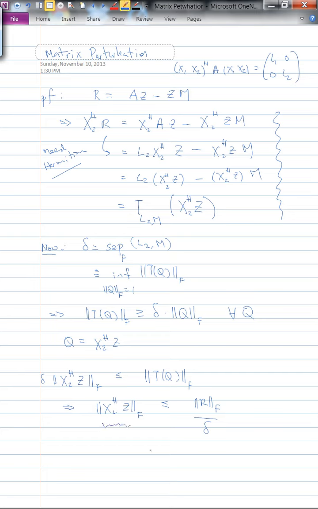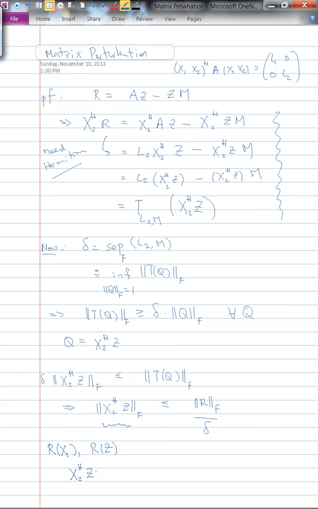I want to know how close the range of x1 is to the range of Z, and we have seen in the past when we discussed canonical angles that if I look at the matrix x2, which spans the orthogonal complement of the range of x1, times Z, the singular values of this matrix are the sines of the canonical angles between the subspaces, range of x1 and range of Z.